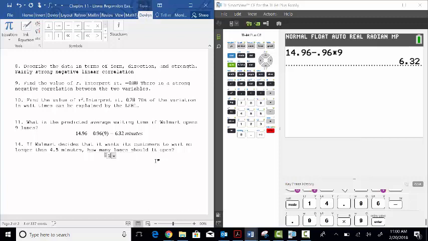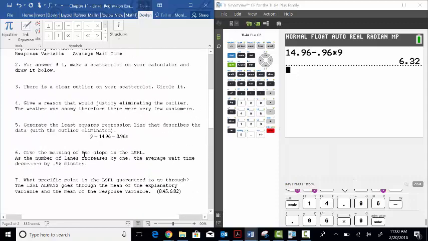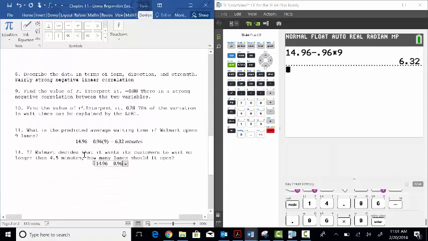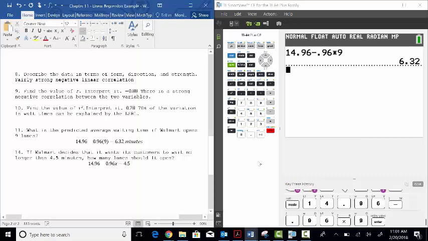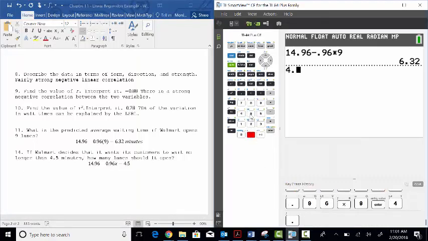So I'm going to set up 14.96 minus 0.96 X equals this time 4.5. Just checking my equation. All right, so to solve this out, I'm going to subtract. So I'm going to do 4.5 minus the 14.96.